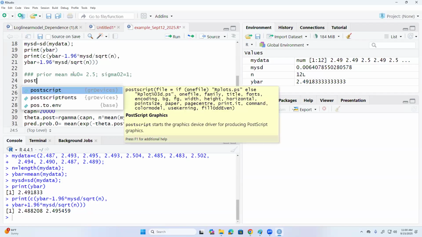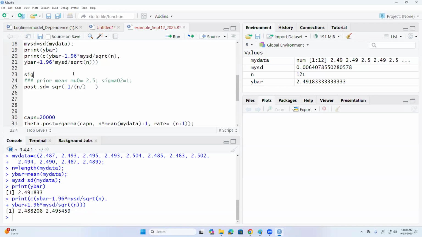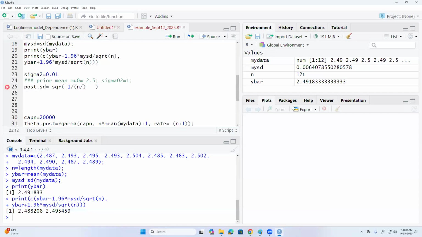The posterior standard deviation is the square root of 1 over n over sigma square. Now sigma square is given actually. Standard deviation is 0.01. Oh, I see.